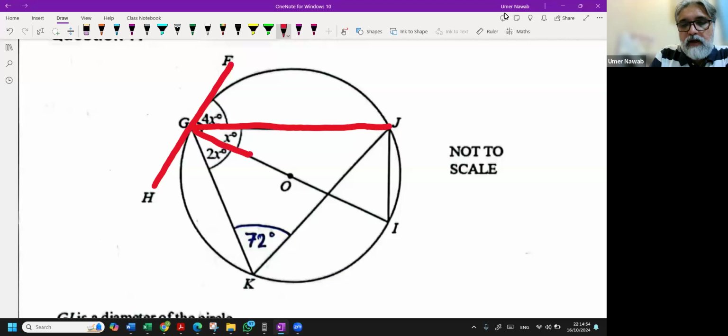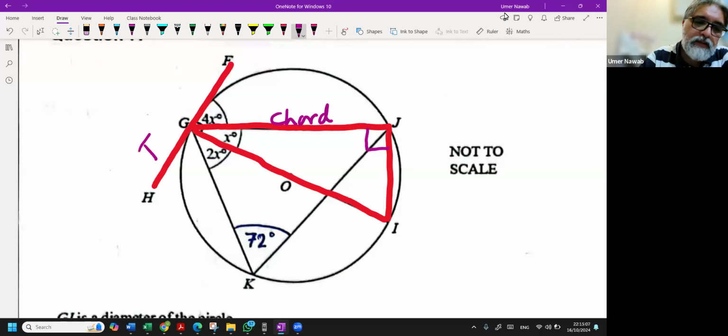I have a diameter. So this angle is 90 degrees. This is a chord, and this one is tangent. A tangent and the radius, they are making 90 degrees.